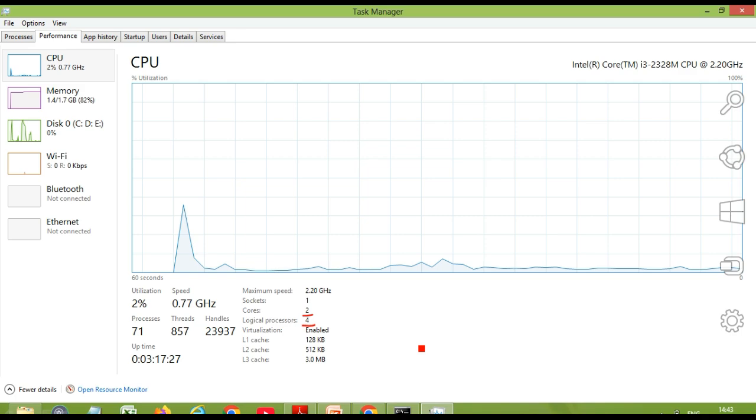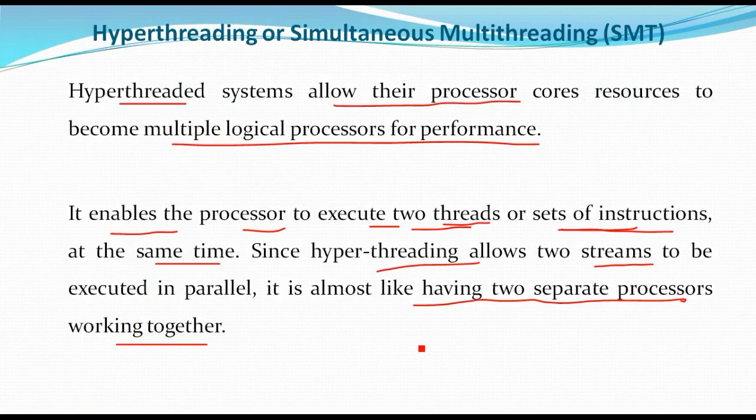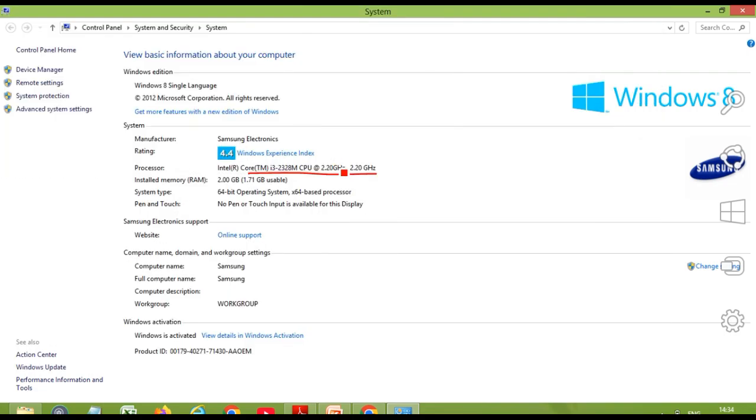As we are talking about hyper-threading and simultaneous multithreading, which allows the processor core's resources to become multiple logical processors for performance, hyper-threading allows the system to create more logical processors. So already we have 4 logical processors and 2 cores.